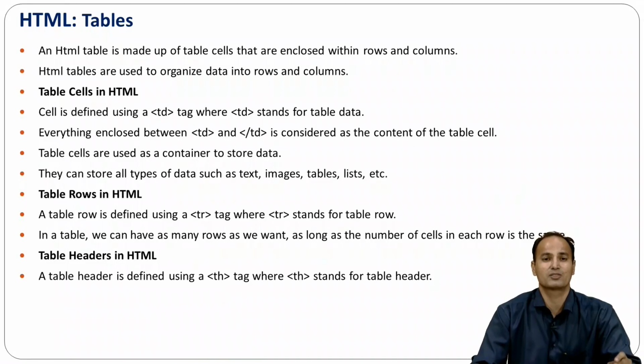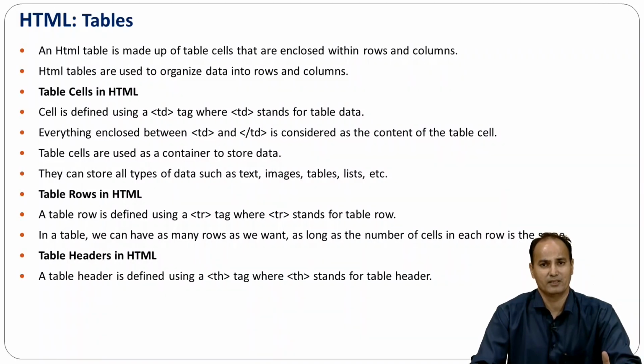Everything enclosed between the TD tag is considered the content of the table cell. So whatever data we want to write in a row and column manner in a table must be enclosed in a TD tag, which specifies that it is a cell that will contain table data. Table cells are used as a container to store data. They can also store all types of data such as text, image, table, list, etc.